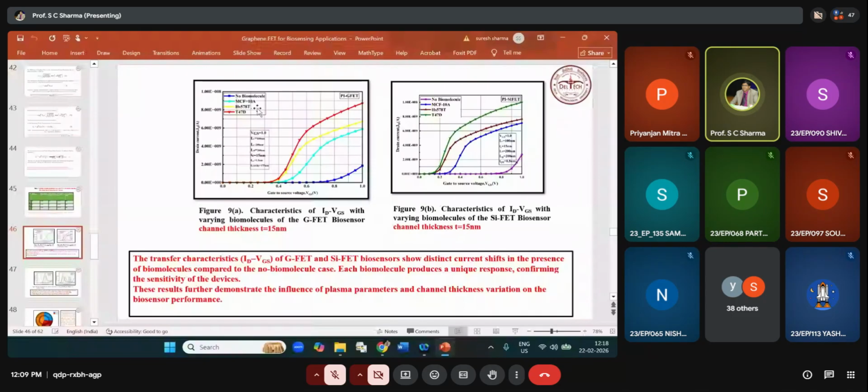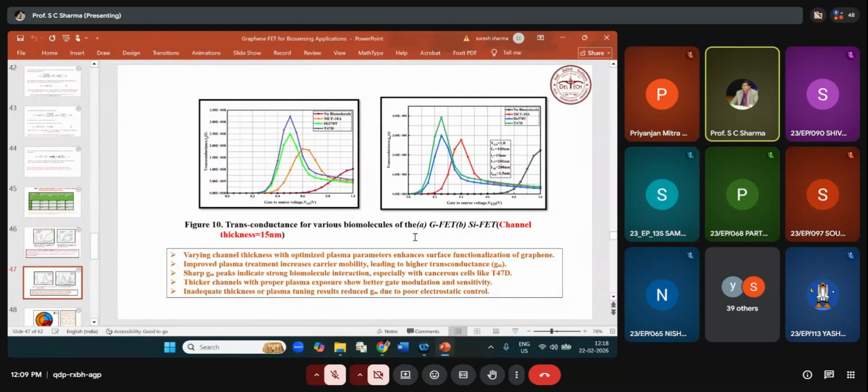This is MCF 10A, then HS578T, then T47D. Here the permittivity is 0, then 4.5, then 22, then 32. Then transconductance is a function of gate to source voltage for different biomolecules, these cancerous biomolecules.